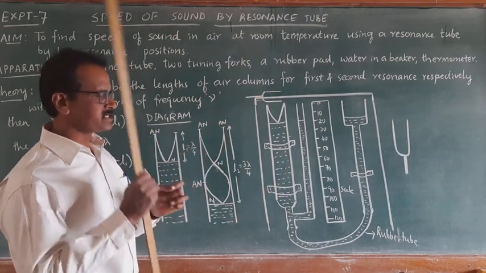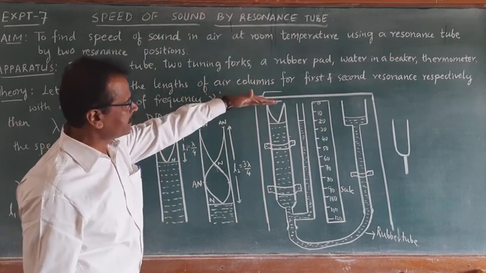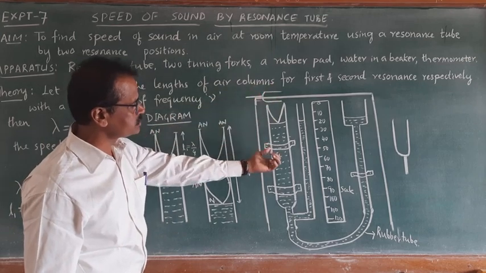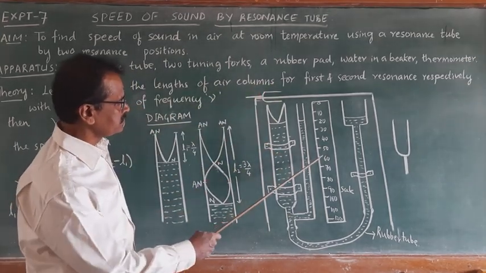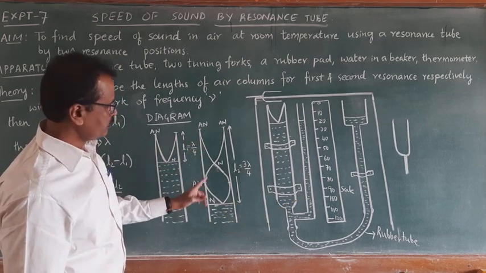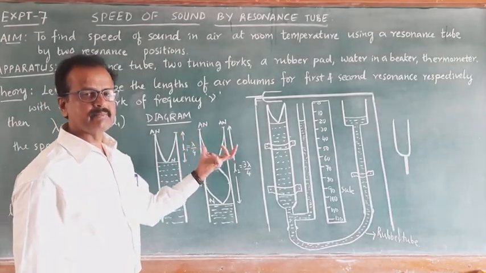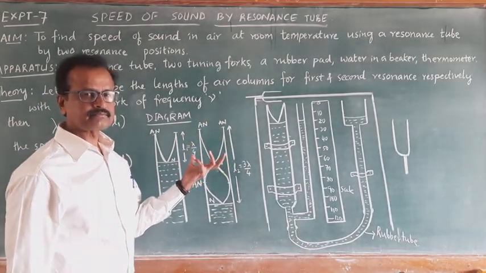the vibrating tuning fork. We strike the tuning fork on the rubber pad, and when we hold it parallel to the open mouth of this tube, at this particular length, nearly about 60 centimeter of air column, we find again a loud sound. The loud sound is again because of resonance.